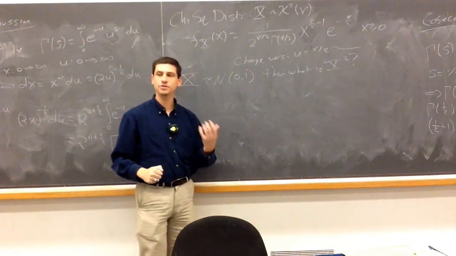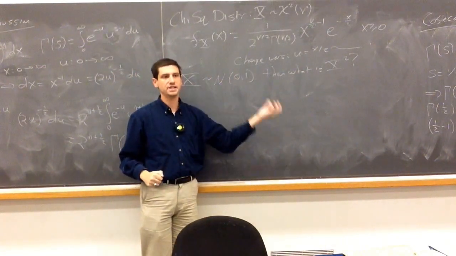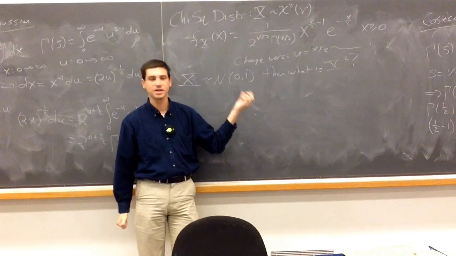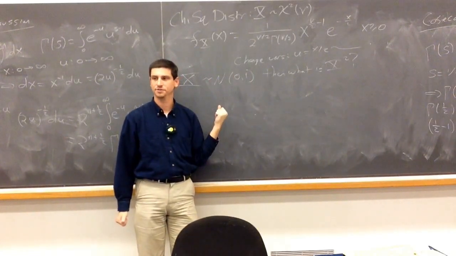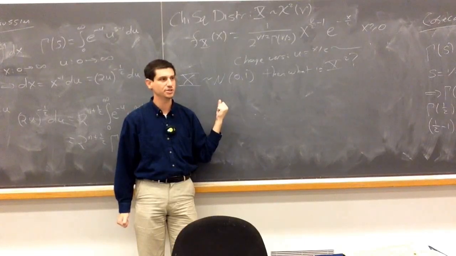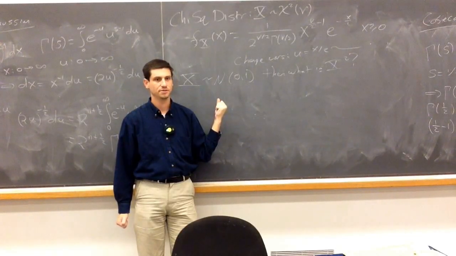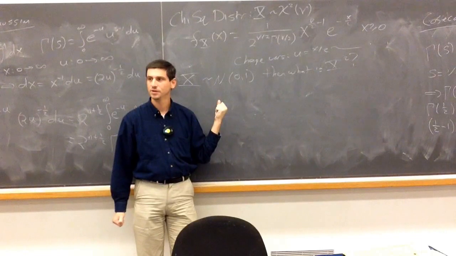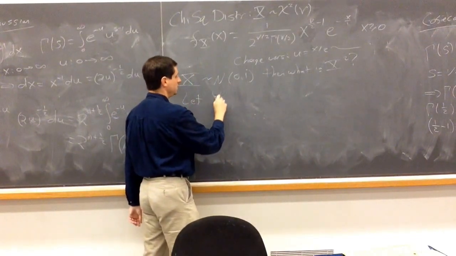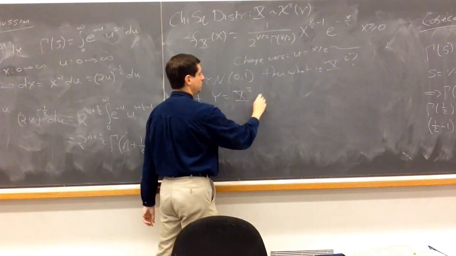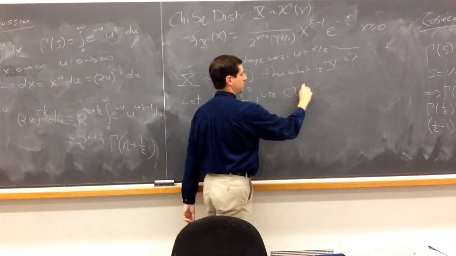So this will allow us to review our methods. What's our fastest, cleanest, easiest method to calculate the density of a function of a random variable? What method do we like to use? The cumulative distribution method. Excellent. So let's let y equal x squared, and we'll use the CDF method.